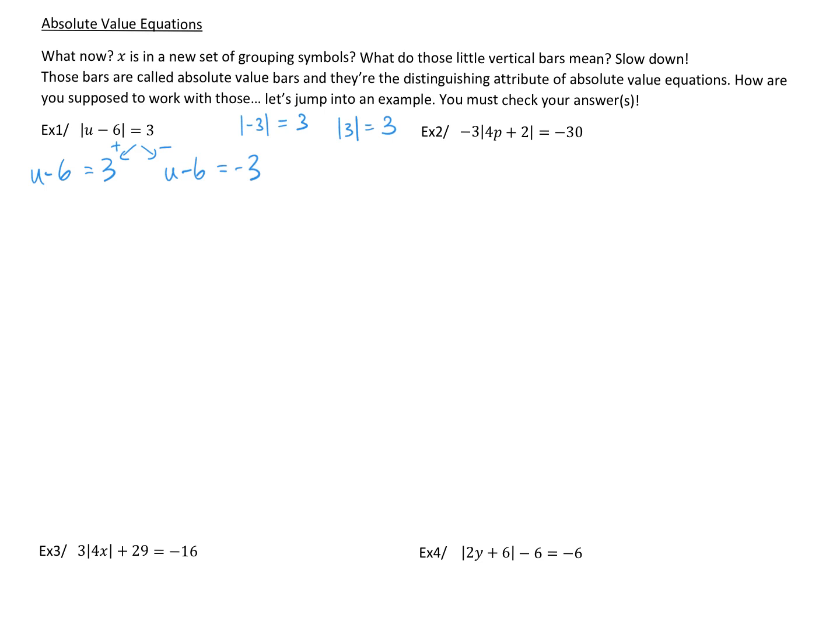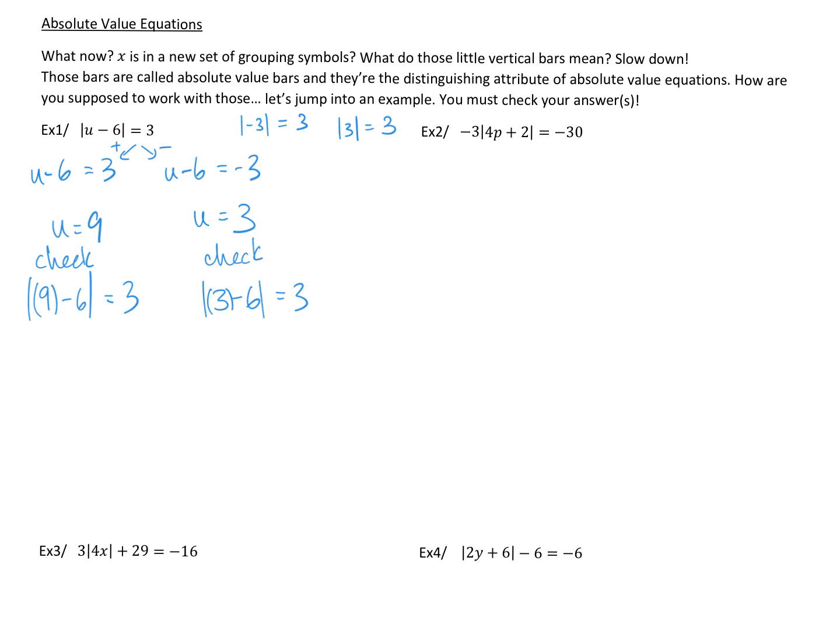When you solve each of these equations, you get u equals 9 and u equals 3. Now when you're working with absolute value equations, you should check your answers. That'll look something like this. You can substitute the answers back into the original equation and just check that both sides are going to be equal.